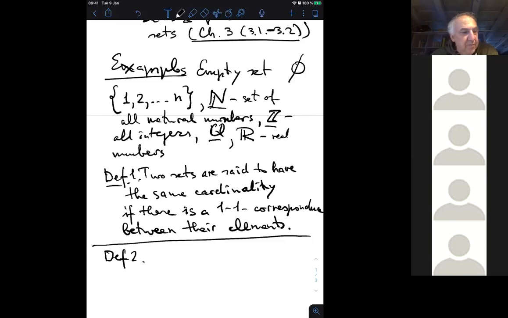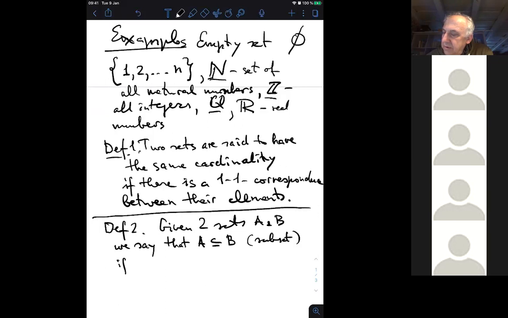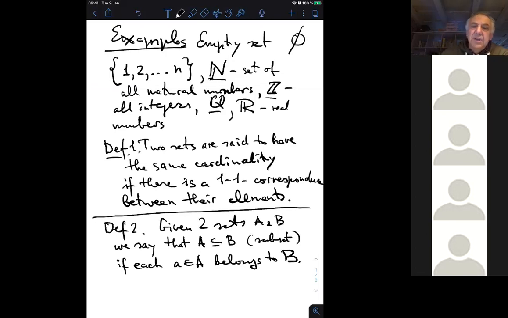Definition 2 would be: given two sets A and B, we say that A is a subset of B if each element a in A belongs to B. We'll be using small letters for elements and capital letters for sets themselves.